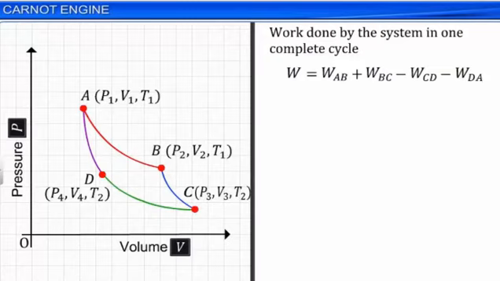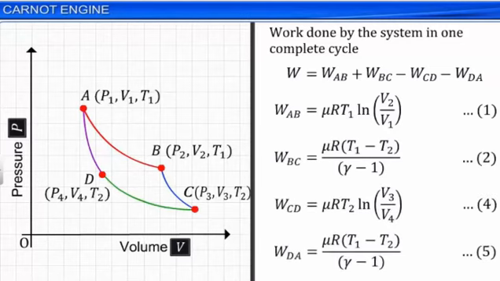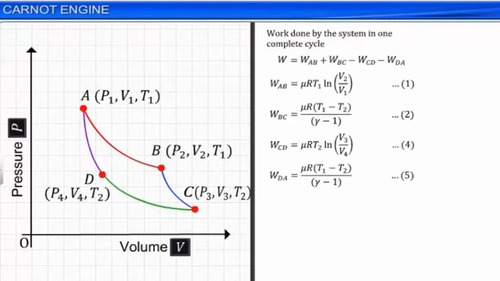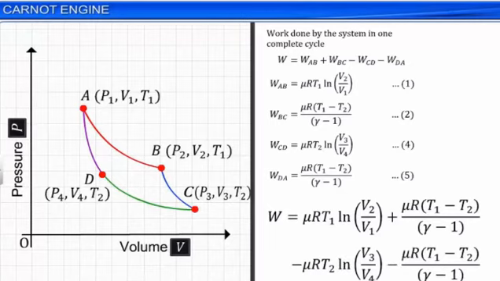On substituting the values from equations 1, 2, 4 and 5, we get W is equal to mu RT1 into ln of V2 by V1 plus mu R into (T1 minus T2) by (gamma minus 1) minus mu RT2 into ln of V3 by V4 minus mu R into (T1 minus T2) by (gamma minus 1).